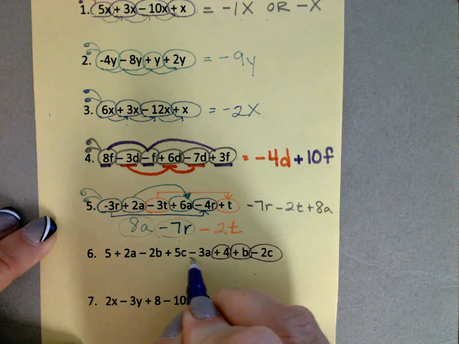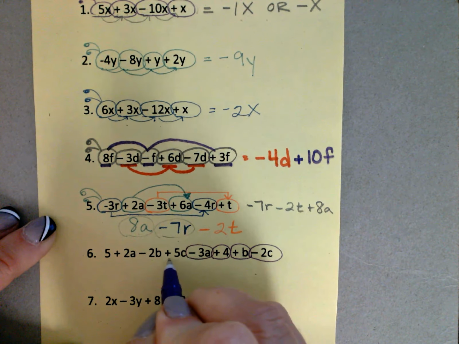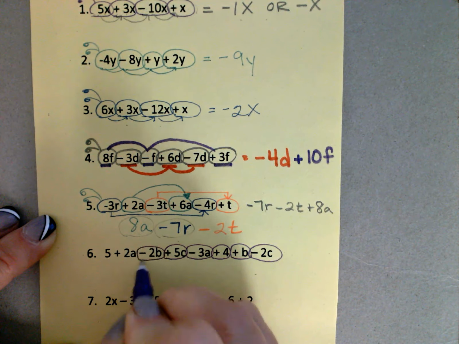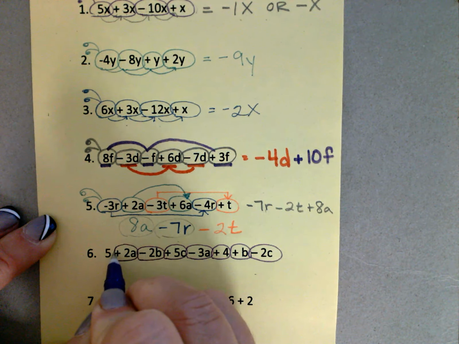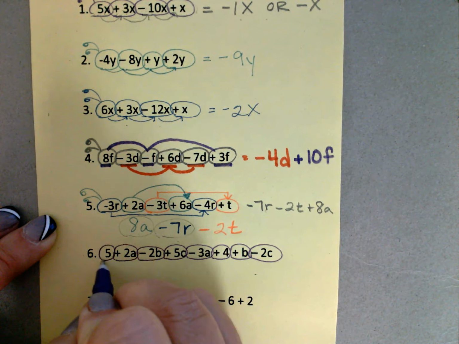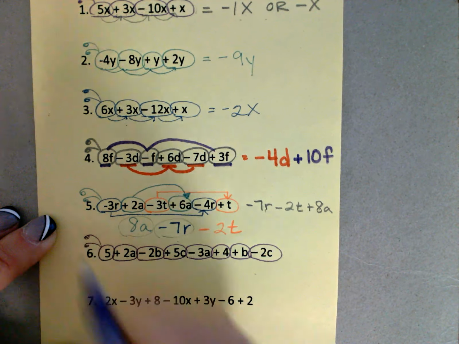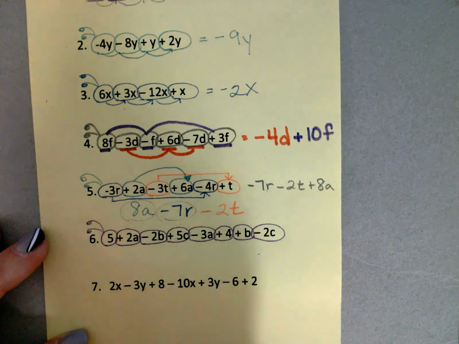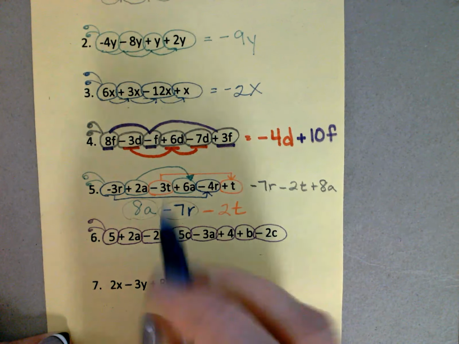So we put the sign in the front. Okay, we have 4 different types of things we can combine on this one. I'm going to start with the A's. You pick what you like. And I'm this time going to cross them off as I go so I don't forget anything.